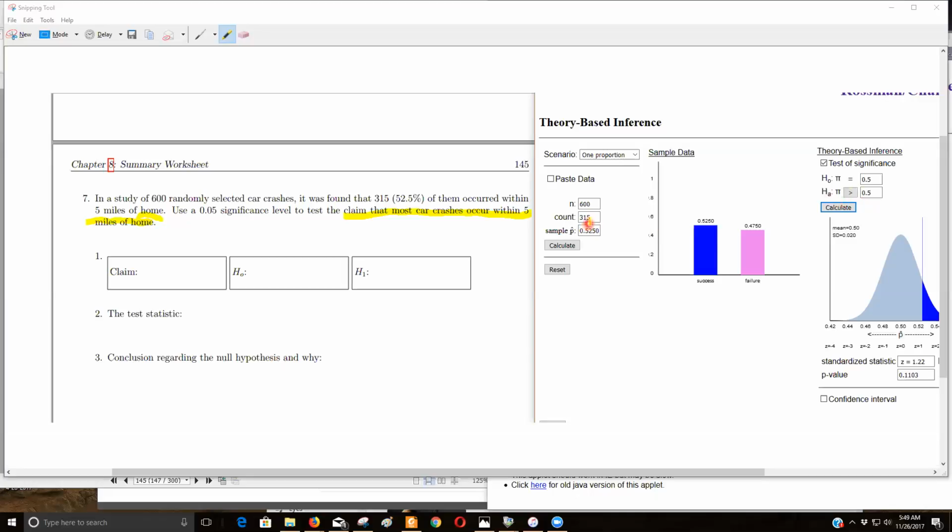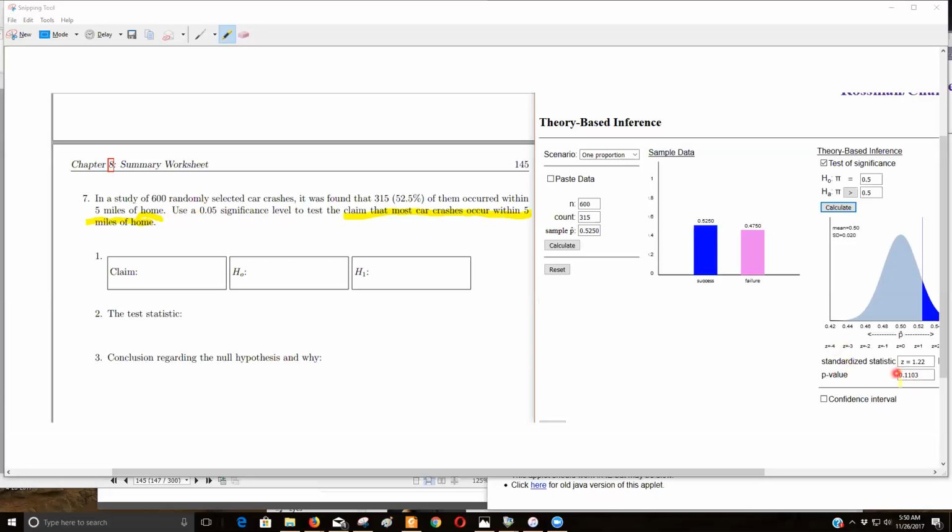Then I've substituted in the sample result, and we see it's 0.52. That's actually the point estimate if we want to think about it as far as a confidence interval. But this is asking us to do a significance test. So the applet ran the test for us. Here's my test statistic, that solution there, 1.22. Because we've got the p-value, we don't really have to go find a critical value.